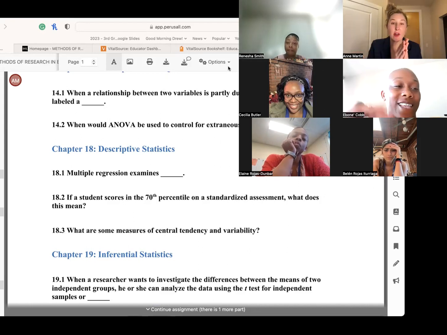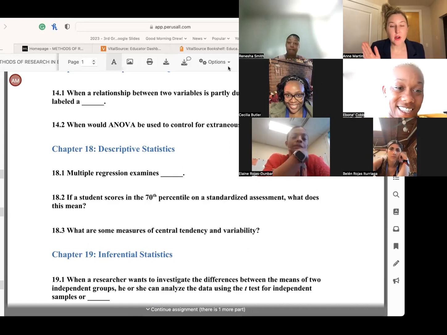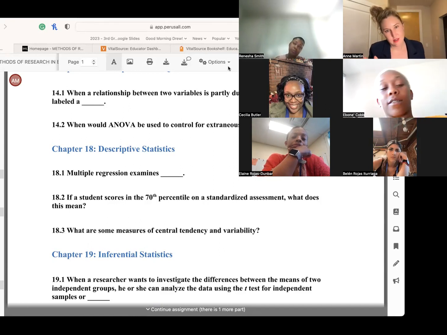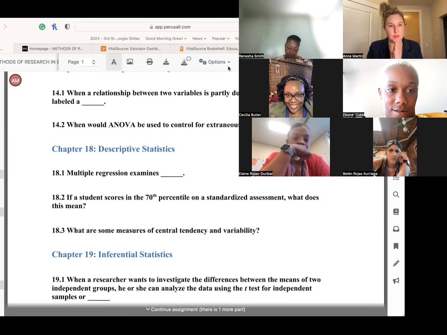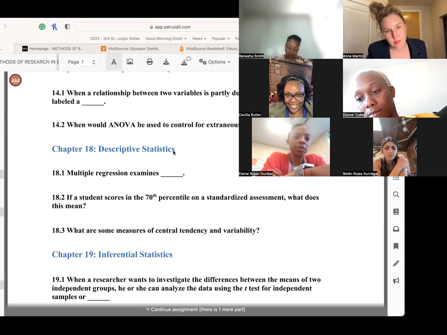So I know the 70th percentile is better than the 50th percentile. Wouldn't it mean they're in the top 70%? They scored better than 70% of other kids who took the same test. So if you're in the 90th percentile, their score is higher than 90% of kids their same age. Gotcha. So it's how you compare to the other people that took that same test. So yes, their score was better than 70% of all the other participants.